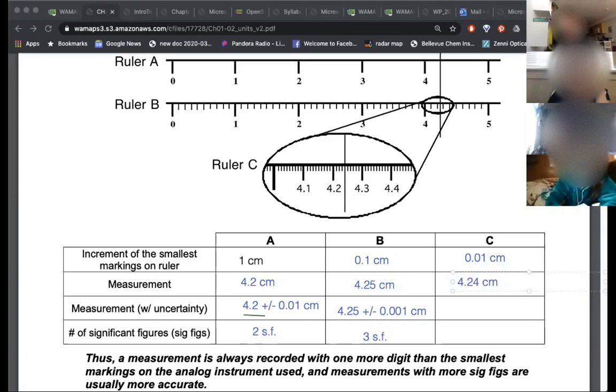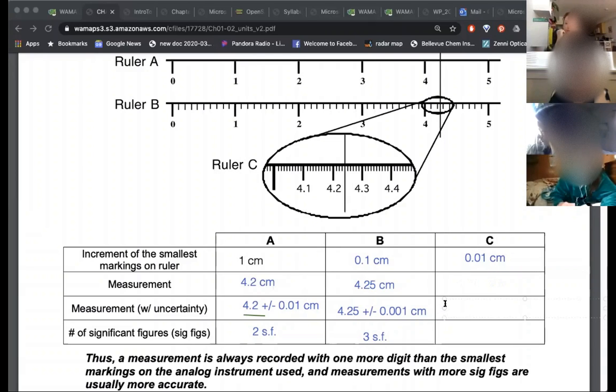But we need to go to 1/10 of the smallest marking. So I have to go in and add another digit. And it looks like it's right on the line, so I'm going to make it a 0. And that's what can be difficult sometimes, is when to know that you need that 0 and when not to put too many zeros on.